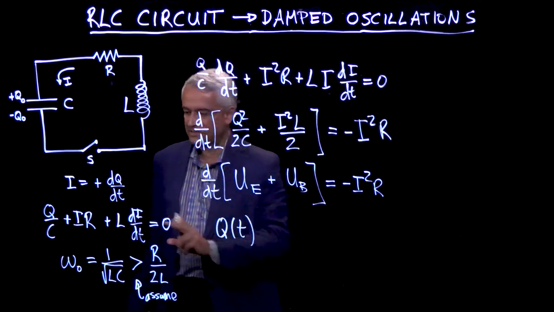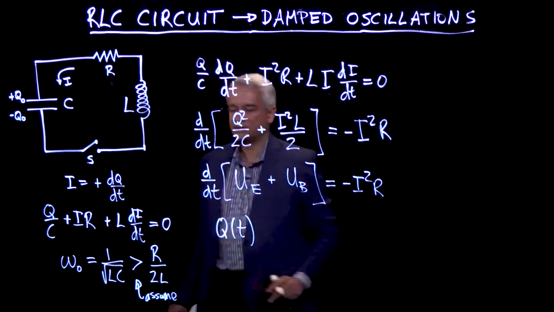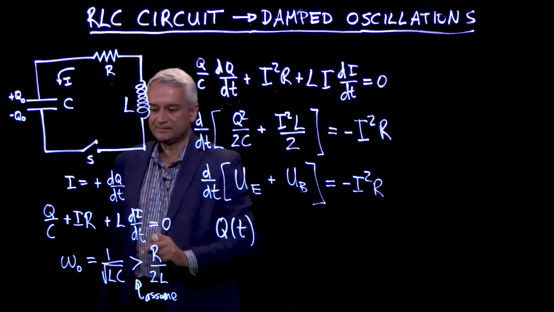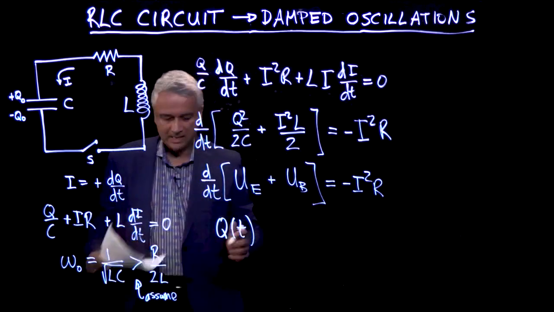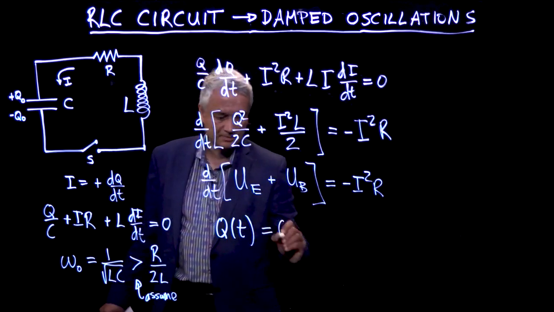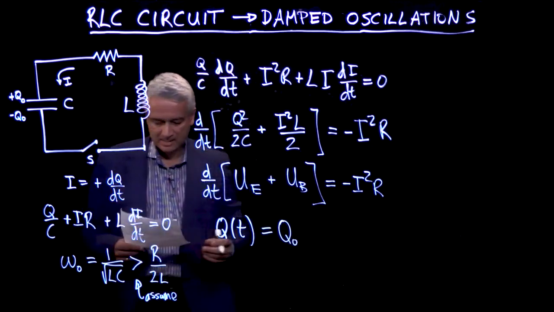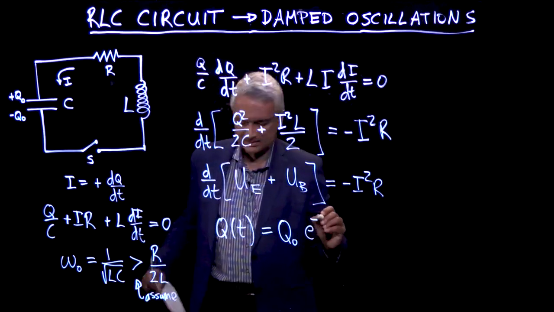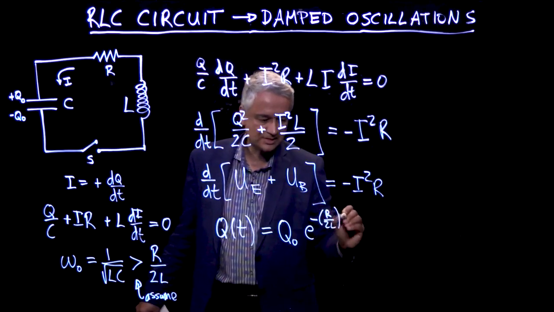I'm just going to write it out for you. My solution to this differential equation is going to be q as a function of time. Remember, I here is dq/dt, so you write this as a second order differential equation for q. And here's the solution. It's proportional to q naught, the initial charge on the capacitor, times e to the minus r over 2L times time.